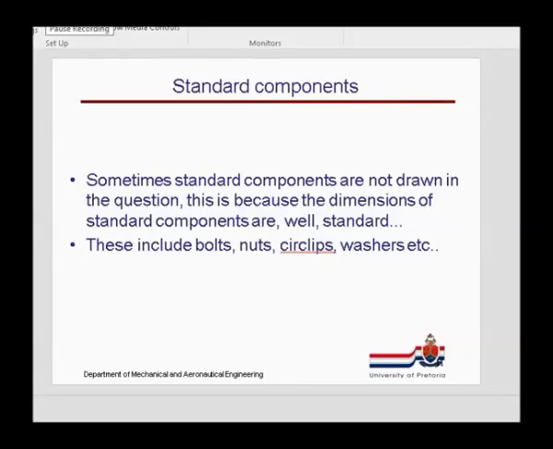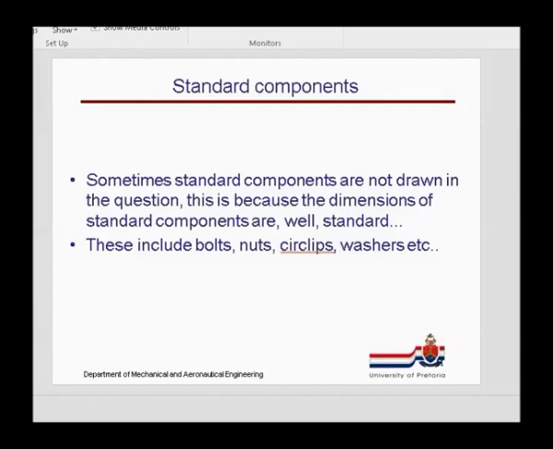So sometimes standard components are not drawn in the question. This is because the dimensions of these standard components are pretty much standard, so there's no point in specifying the details of something which is off the shelf or standard. So these include bolts and nuts and circlips and washers and all kinds of standard components.